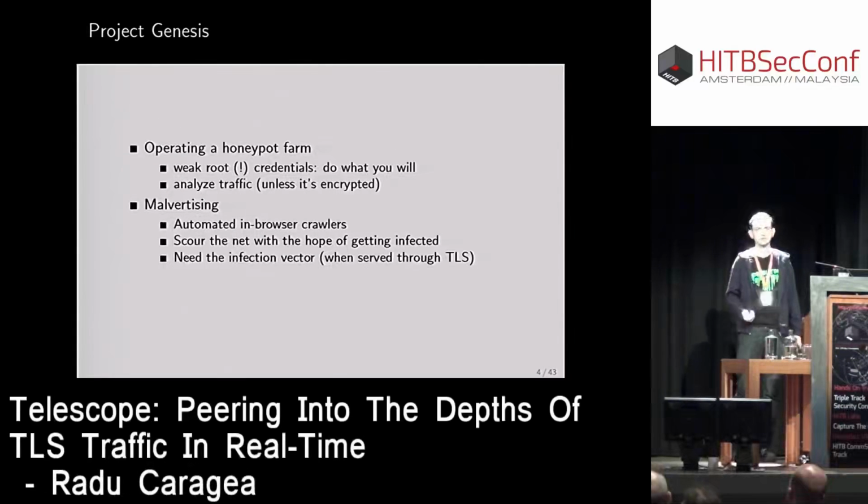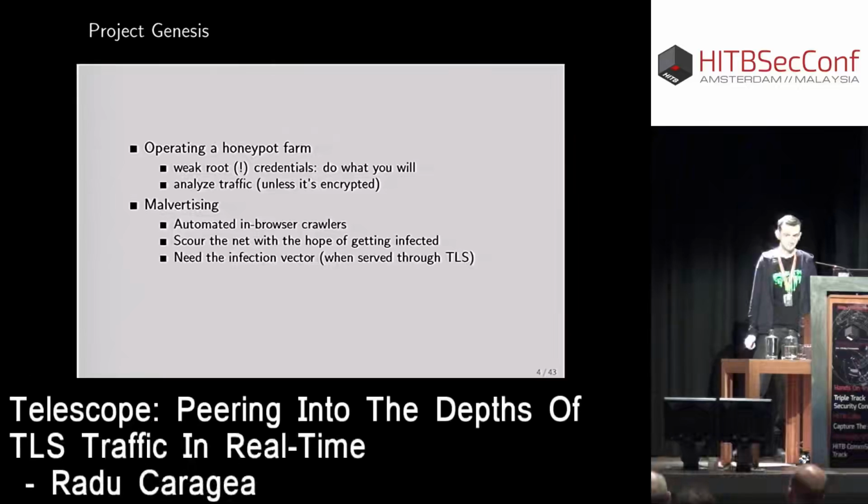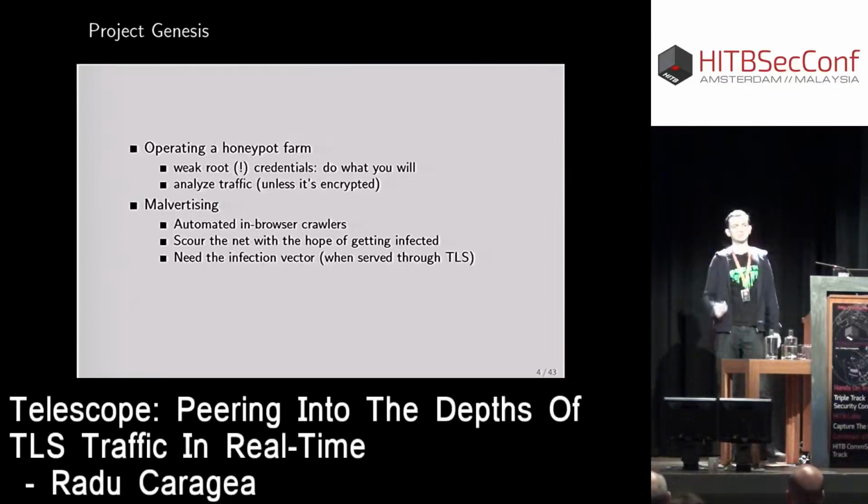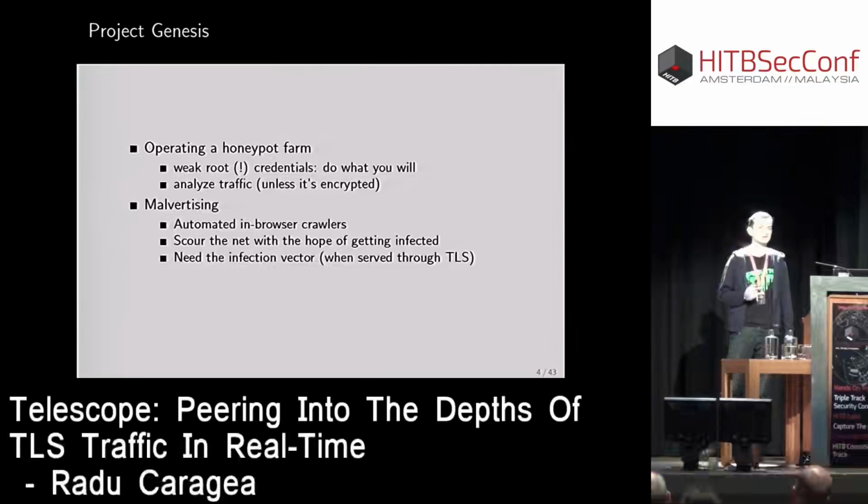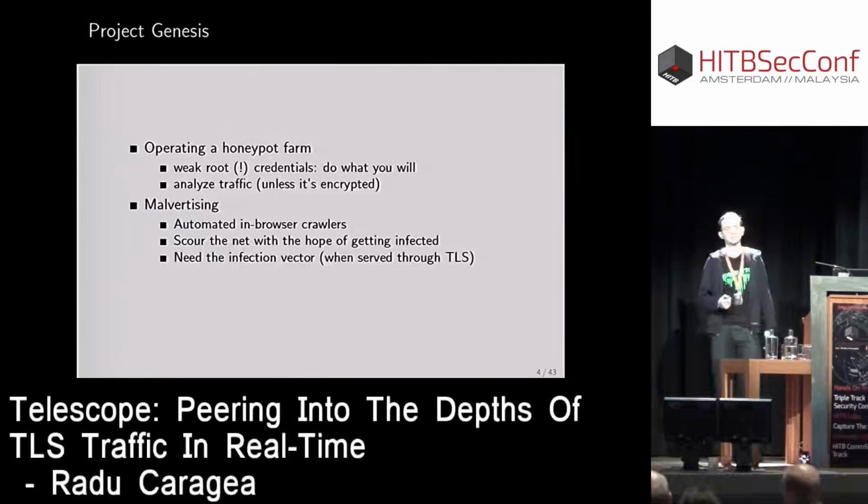But why did we start this? How did this idea come about? We're operating a honeypot farm. You know what honeypots are, right? They're just VMs spread all around the globe, and attackers can gain access using weak credentials. And what we want to do is study what a hacker looks like, how he thinks, and what exactly are the latest trends in hacker mischief.